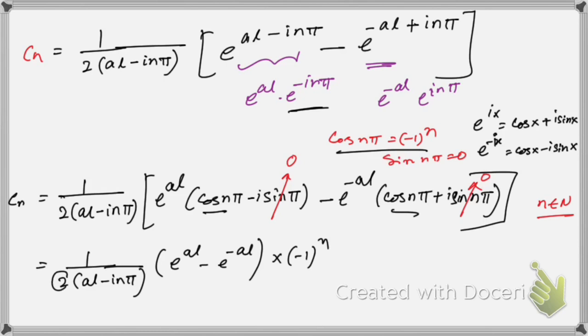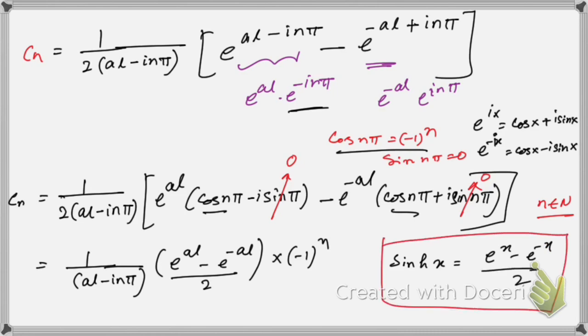So this 2 can be written here. Again apply this formula: sine hyperbolic x is e to the power x minus e to the power minus x, by 2. If you apply this formula here, then what will you get? Now let me copy this and go to the next slide.